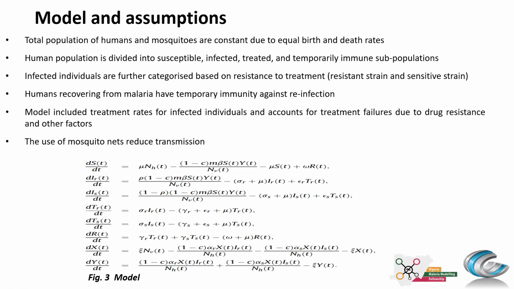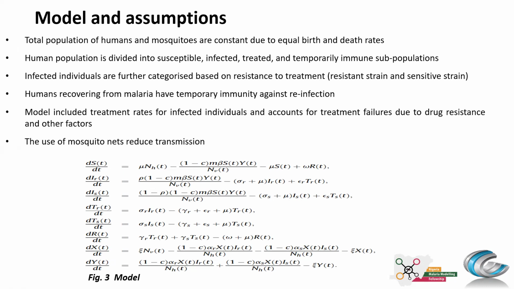However, they also went ahead to divide the infected human population into those who were infected with the resistant strain and those who were infected with the sensitive strain. Another assumption of the model was that humans recovering from malaria have temporary immunity against reinfection.